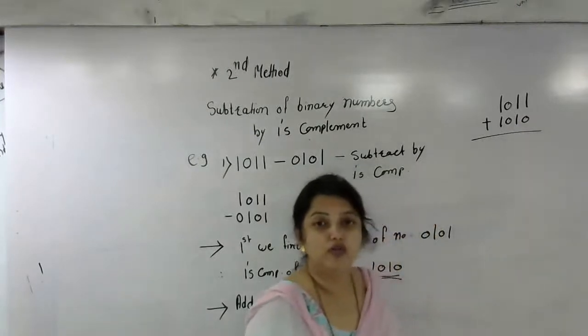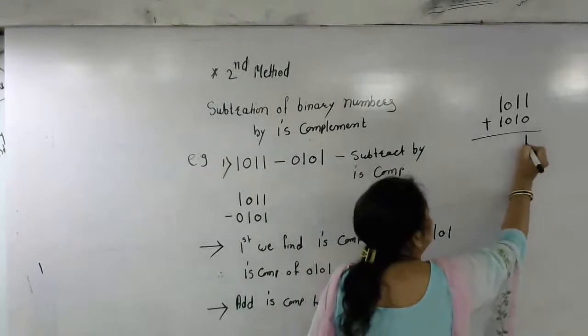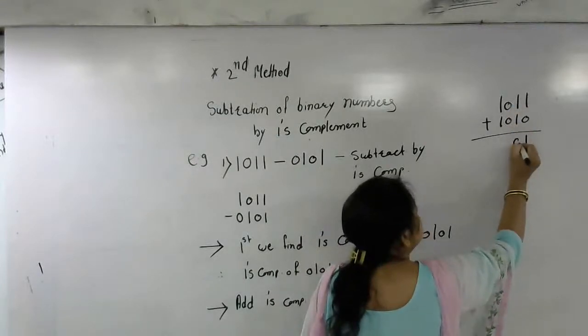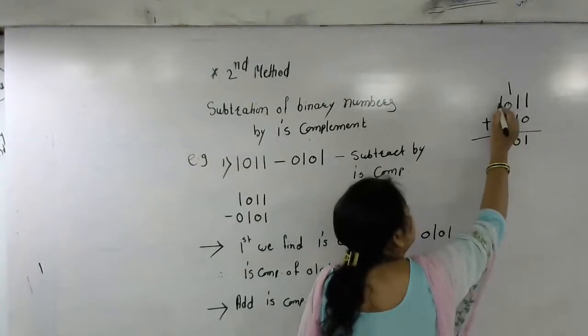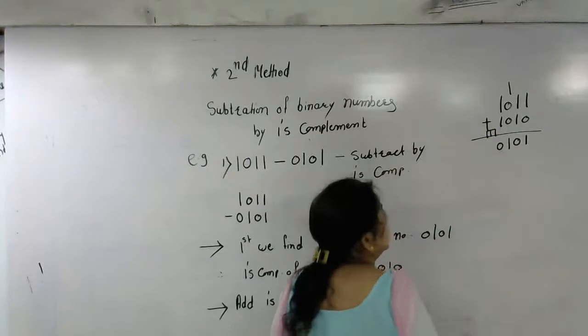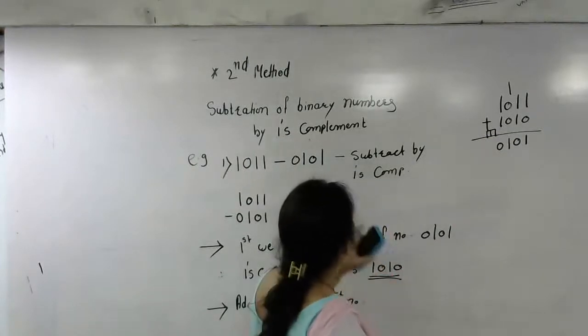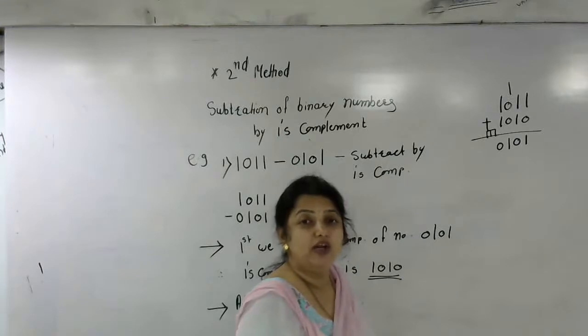Now we have to follow the rules of binary addition. 1 plus 0 is 1. 1 plus 1 is 0 carry 1. 1 plus 0 plus 0 is 1. 1 plus 1 is 0 carry 1. Now here carry 1 is present. In the 1's complement method, we will not ignore that carry.